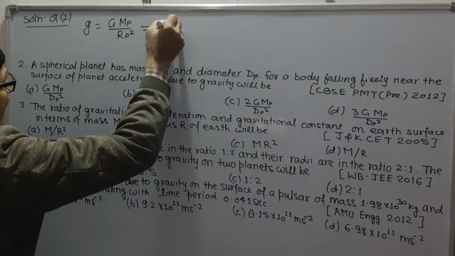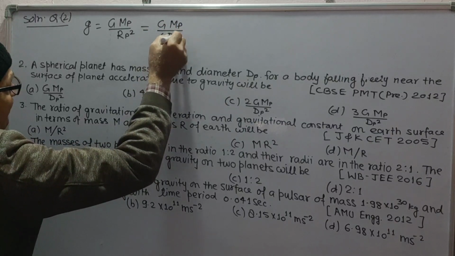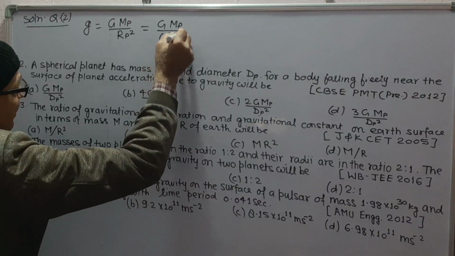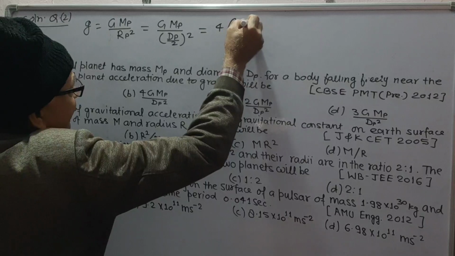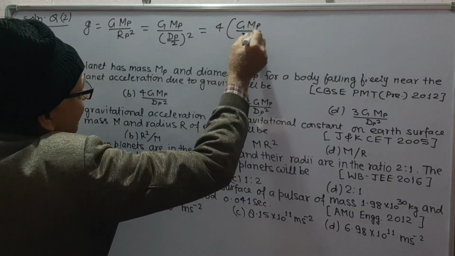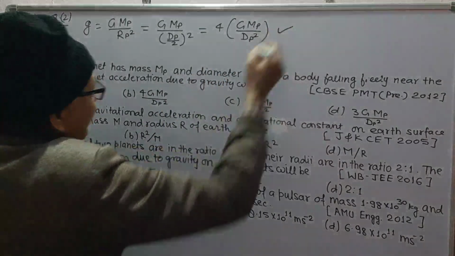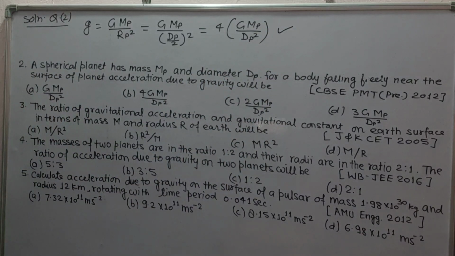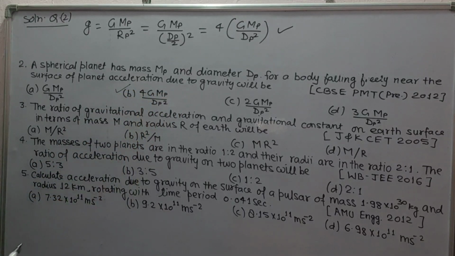This is G Mp upon (Dp/2) square, which gives 4 G Mp upon Dp square. Acceleration due to gravity is independent of the mass of the falling body. So, correct option will be 4 G Mp upon Dp square. Correct option is B.